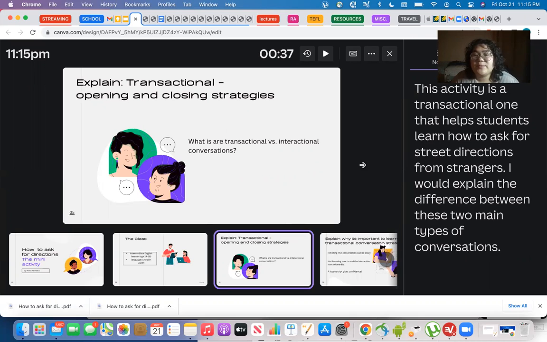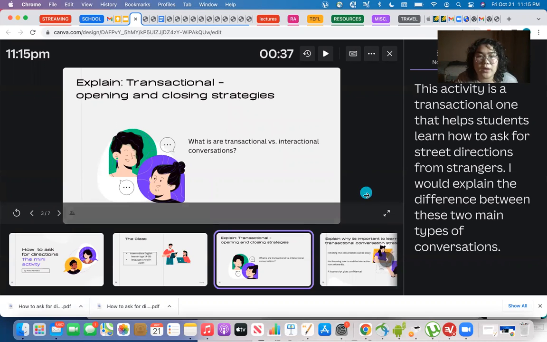And I would explain the difference between these two main types of conversations and how one is a little bit more advanced, I suppose, because you have to use a lot of social cues and things in order to really nail an interactional conversation, whereas transactional ones are conversations that you just need to have in certain circumstances and not for social pleasure.